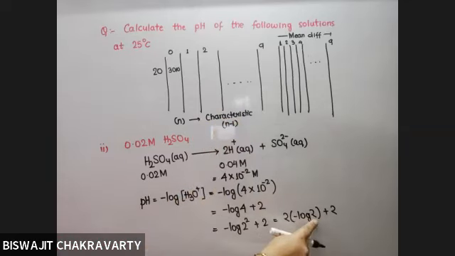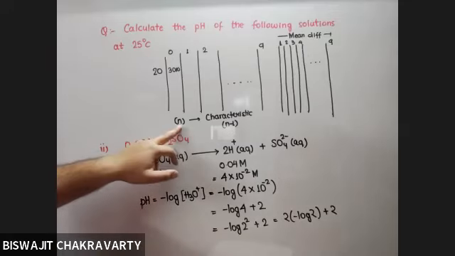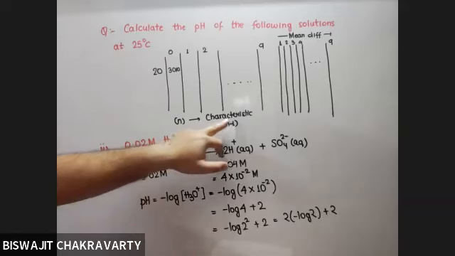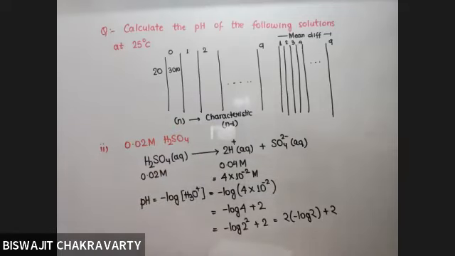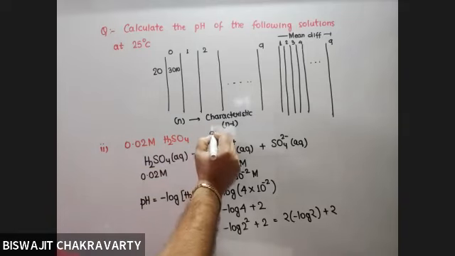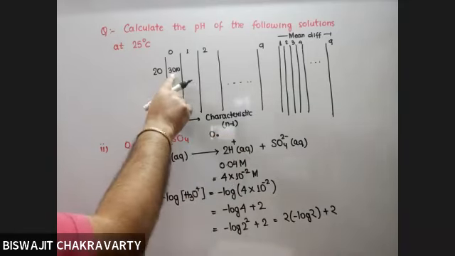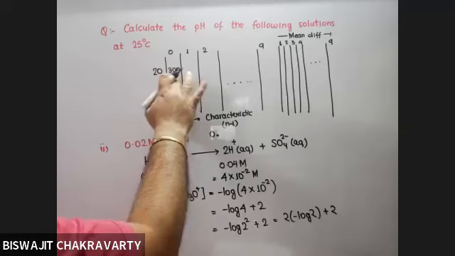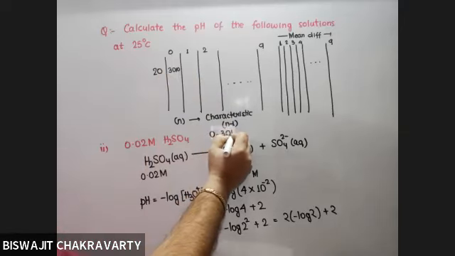Now, if you look at the digit 2, how many digits are there in 2? 1. So if the number of digits is 1, then what will the characteristic be? 0. So characteristic will be 0. Then you have to put a point, and mantissa, for which the log table has to be seen, it will be 3010.